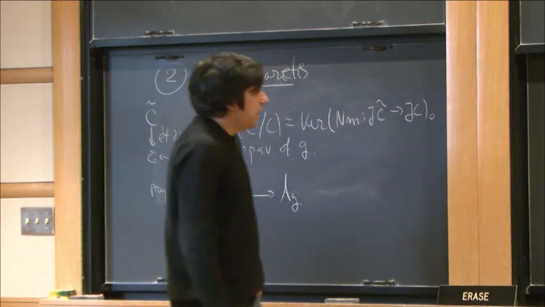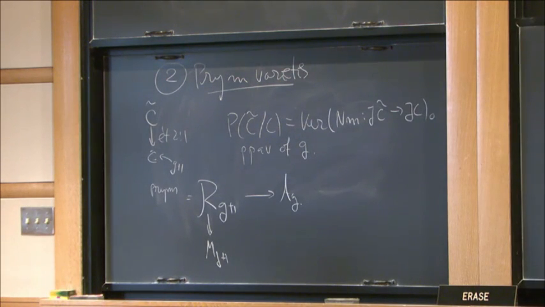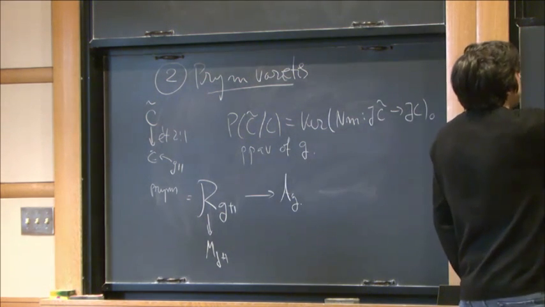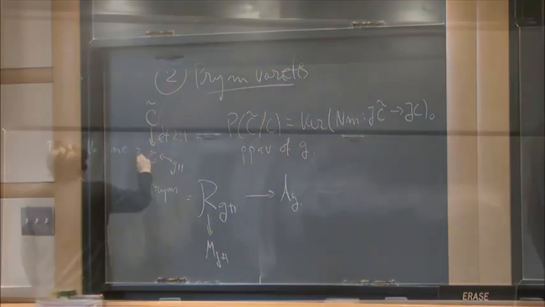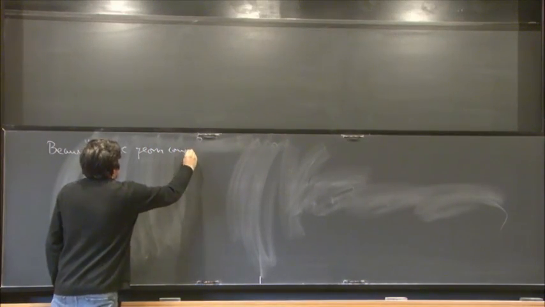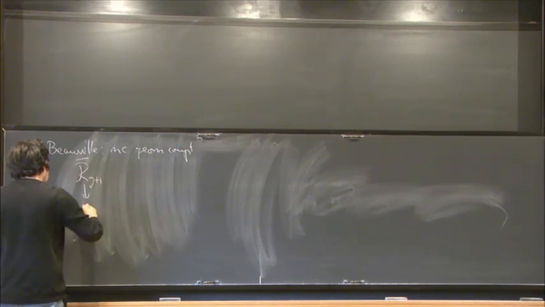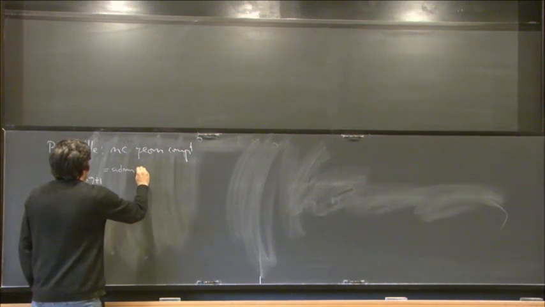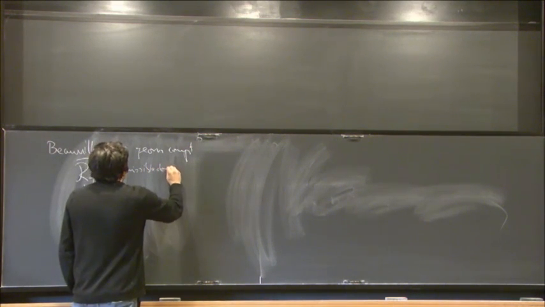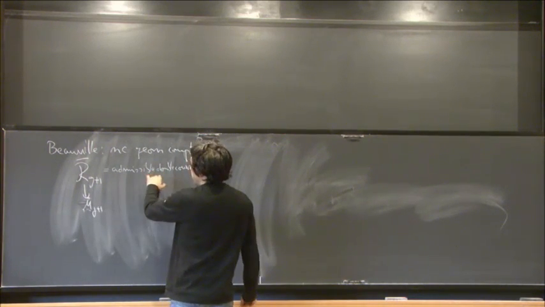And the question is, so before getting to the question, let me note that Beauville constructed a normal crossing geometric compactification R g plus 1 bar sitting over M g plus 1 bar, and these are just admissible double covers. And I mean, so there is an entire definition that you can mostly make up.